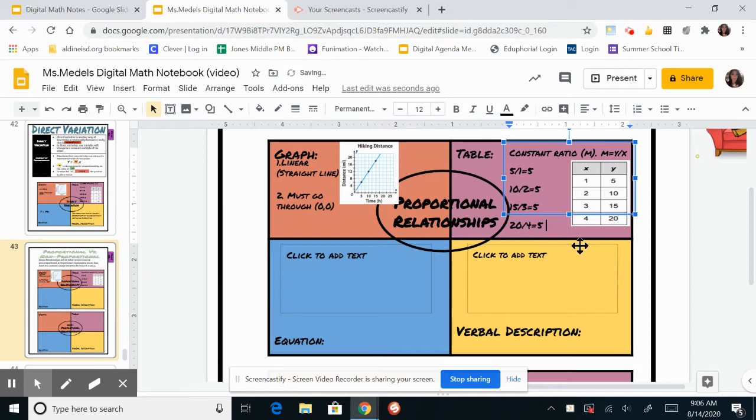So my constant is 5, okay? Or that's my constant rate of change.